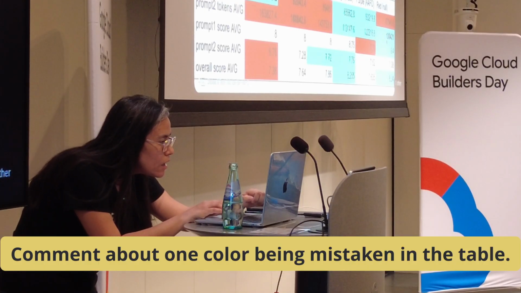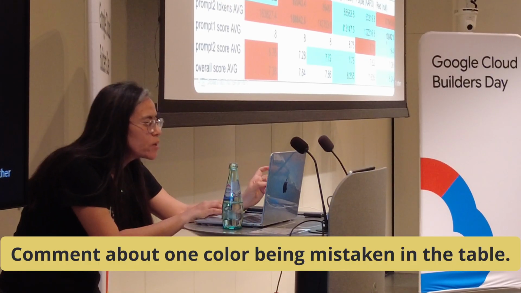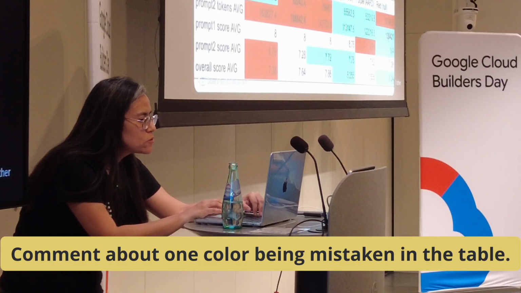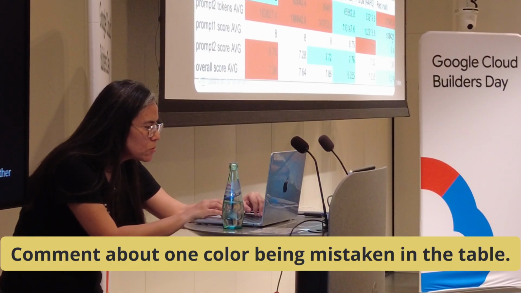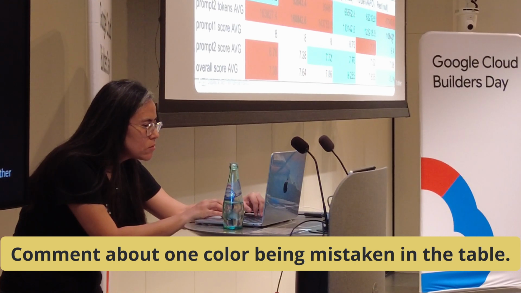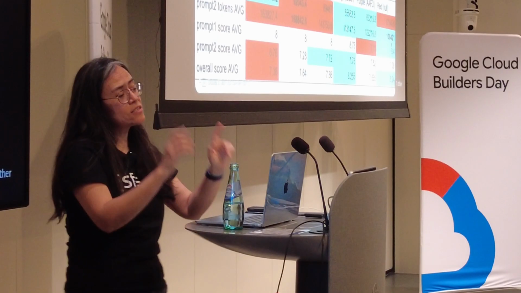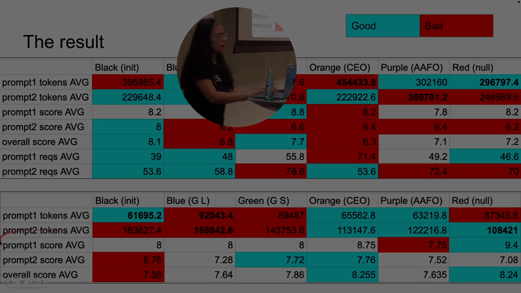It's a number of tokens. It is 108,000. So we're trying to have the lowest number possible. Yeah, but it's higher than 87. One above. No, oh yes, sorry. Oh yes, thank you.